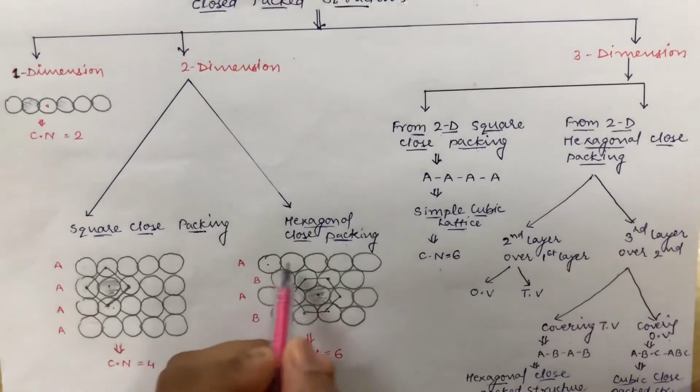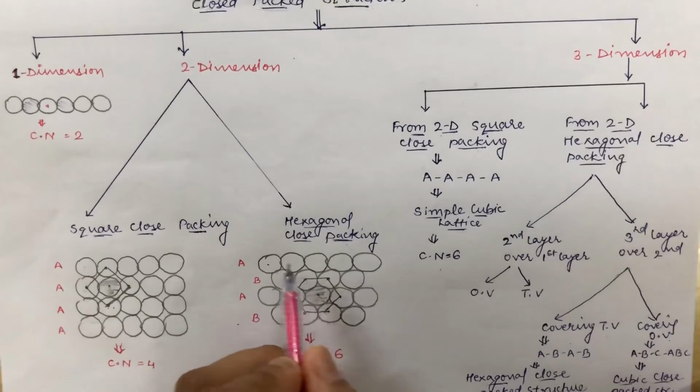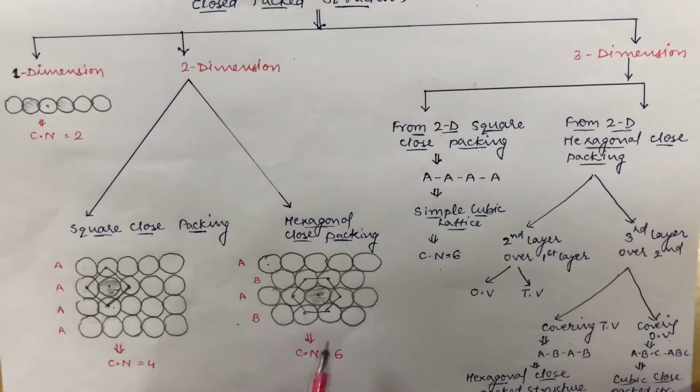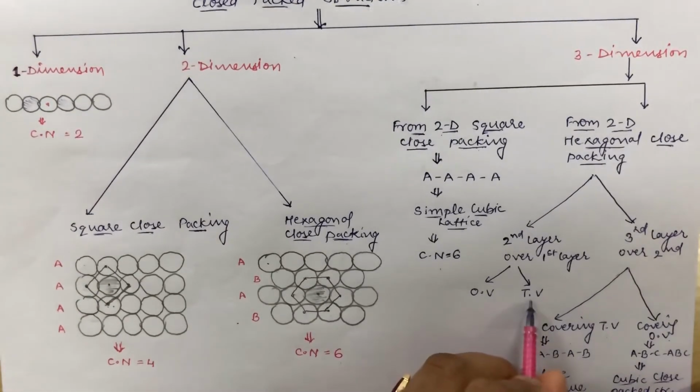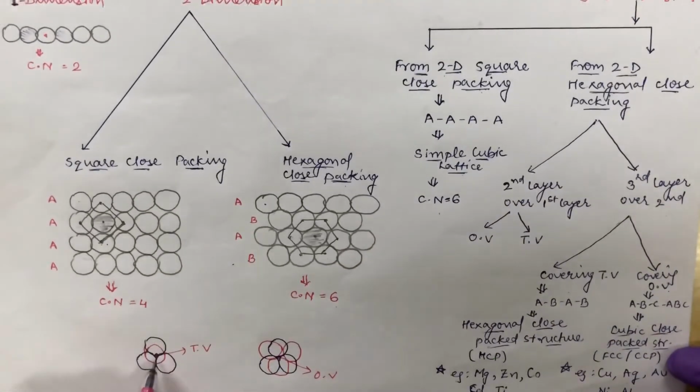If you are placing the second layer over the first layer, certain spaces will be left vacant, which we call voids or empty spaces. Some of them remain covered and some are not covered, so they give rise to octahedral void and tetrahedral void. The one which is covered by the second layer gives rise to the tetrahedral void like this, and the one which is not covered gives rise to the octahedral void.